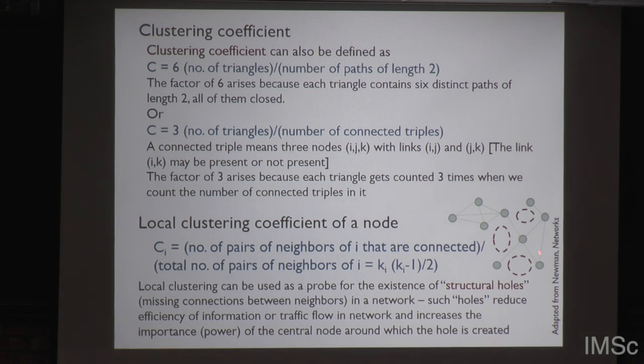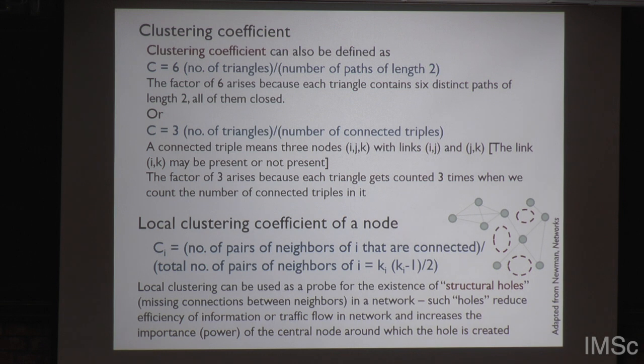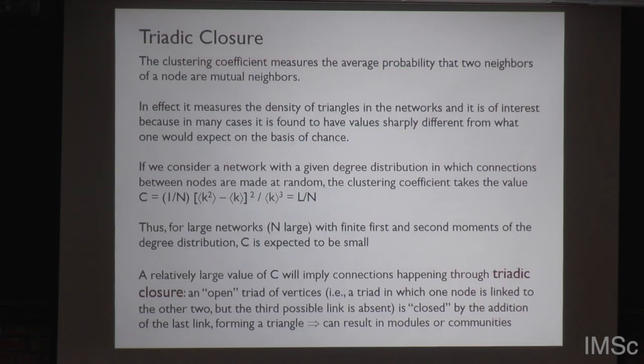Now, the advantage of looking at local clustering is that it often reveals the existence of structural holes. That is, neighborhoods of the network where neighbors are not actually mutually connected. Typically, this often implies the occurrence of a hub which is connecting lots of nodes which do not share any relations between them.